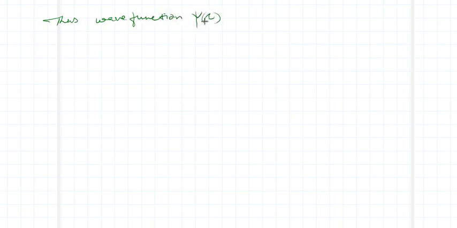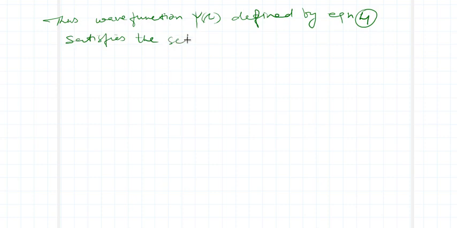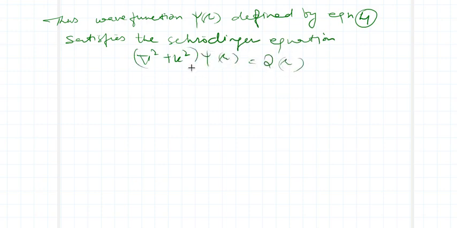Thus the wave function psi(r) defined by equation 4 satisfies the Schrodinger equation, that is del square plus k square acting on psi(r) must be equal to Q(r), right?